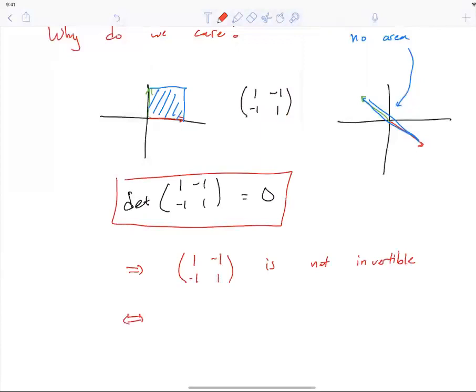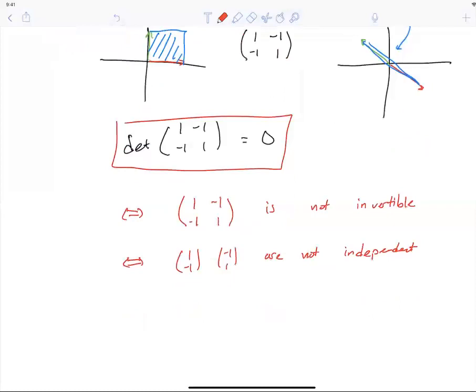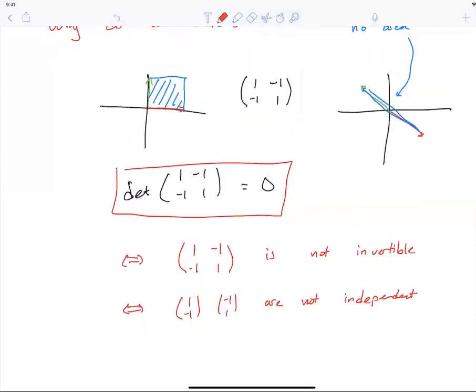And this is also indicative that the columns themselves are not independent. So in fact, these rules hold in general for any matrix A, and this is why we care about the determinant. If the determinant is 0, that means the before and after graph is going to give you a reduction in dimension. That means that matrix is not going to be invertible, and also that those columns are not linearly independent.